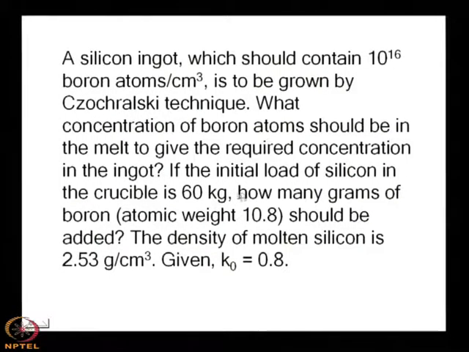And here I can give you the result, you please write it down so that you can practice and compare. It is 5.31 milligram. That means, for 60 kg of silicon, if you dope with boron to obtain 10 to the power 16 concentration, only 5.3 milligram of boron is required, a very small amount for 60 kg.